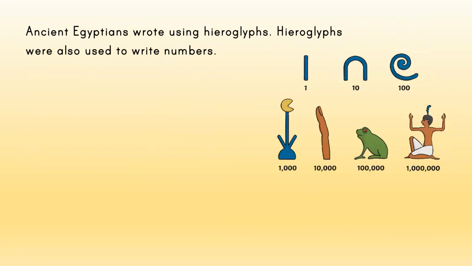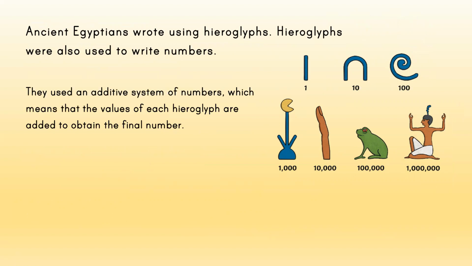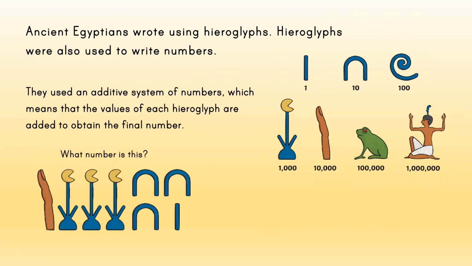The ancient Egyptians also used a numeral system, but they wrote using hieroglyphs, and hieroglyphs were also used to write numbers. So if you remember, hieroglyphs were pictures that the Egyptians used. But they used an additive system of numbers, which meant that they added the numbers together. So, for instance, if you were to look at what number this was, you would see that there was a finger, so that would be 10,000. And then the picture next to that would have been worth 1,000.